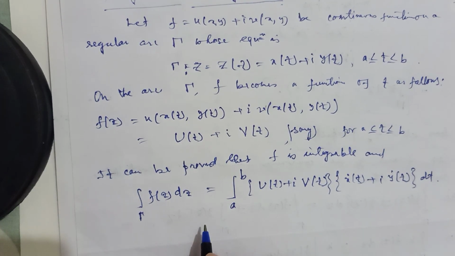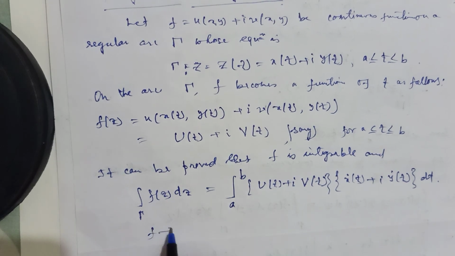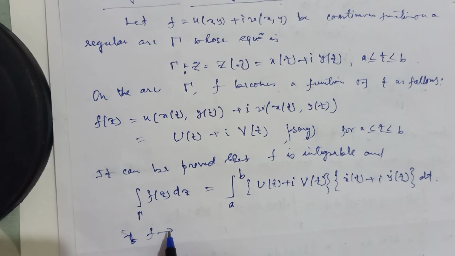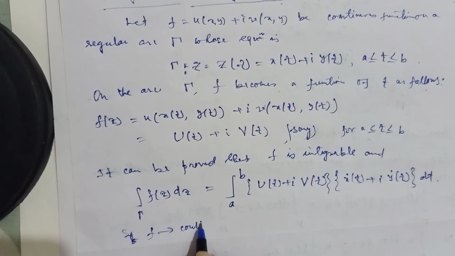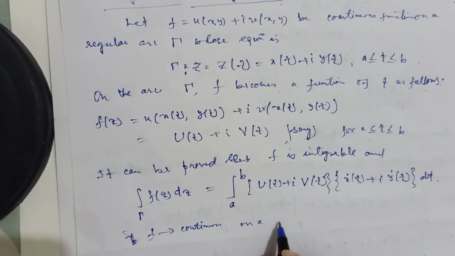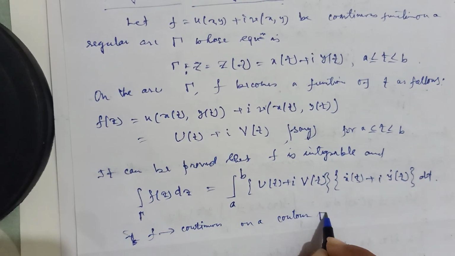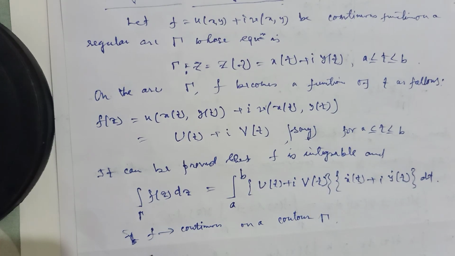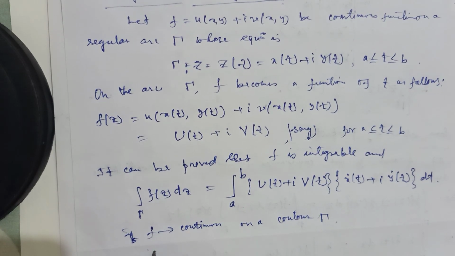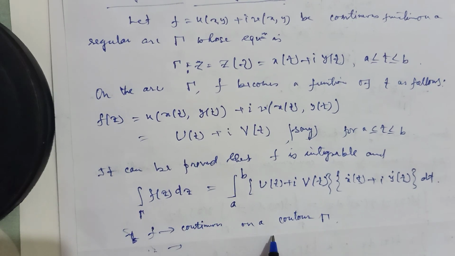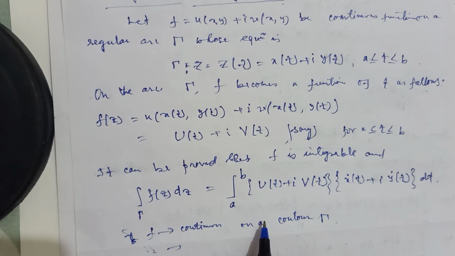More generally, it can be shown that if f is continuous on a contour gamma, it is integrable along gamma, and the value of its integral is the sum of the integrals of f along the regular arcs of which gamma is composed. Okay.